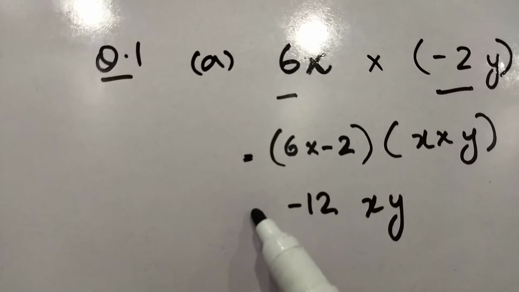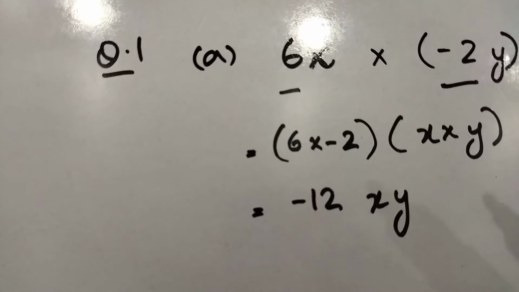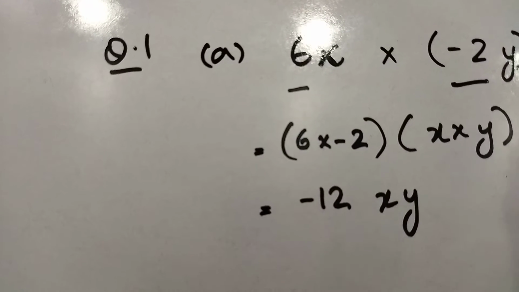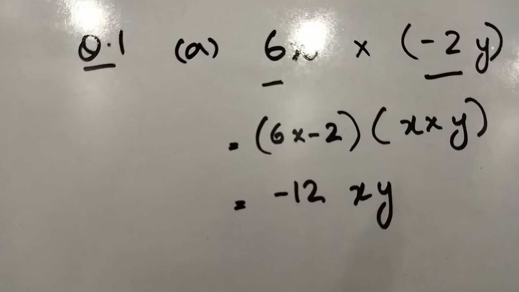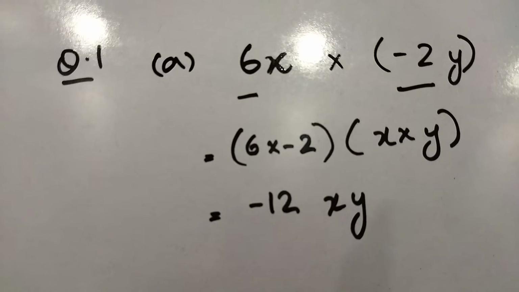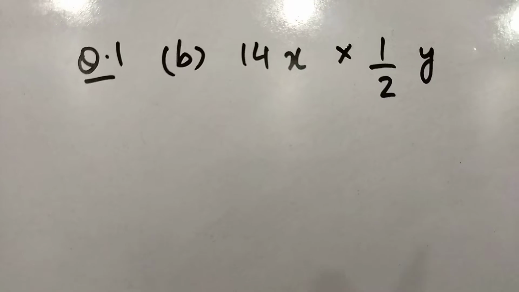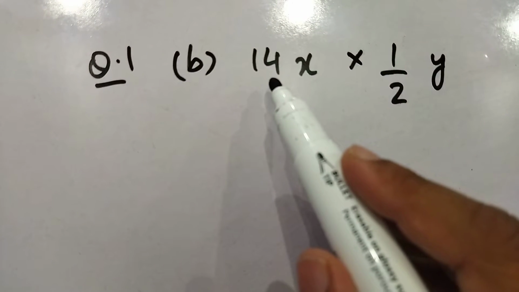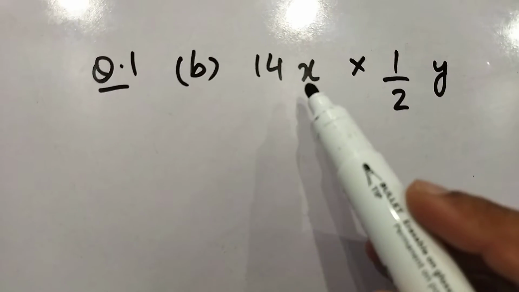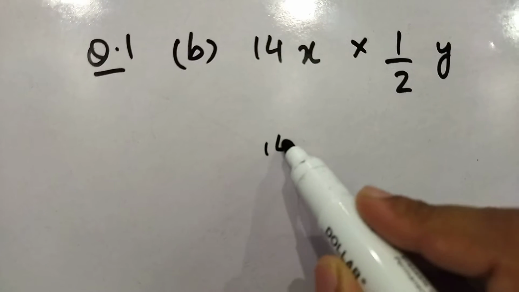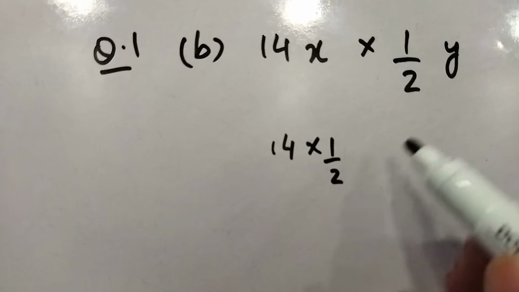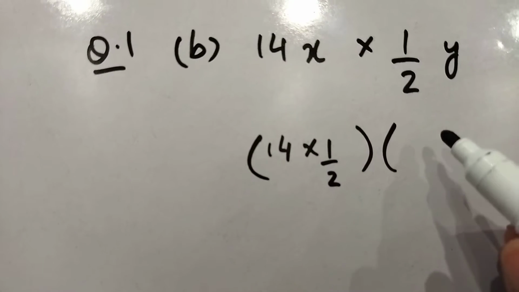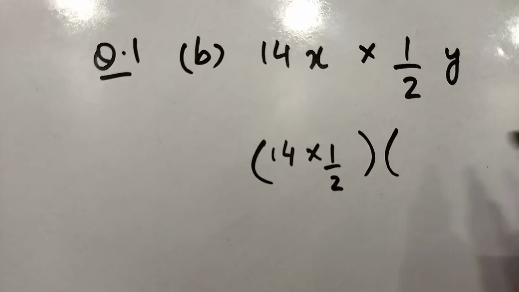This is so simple. When we have only two terms and both of the terms have one variable and one coefficient, we are going to multiply them like this. Similarly, part B says 14x into half y. So we are going to multiply 14 with this 1 upon 2 and x with y. So we'll get the answer as 14 into half. We are closing them in brackets so as to avoid any confusion.